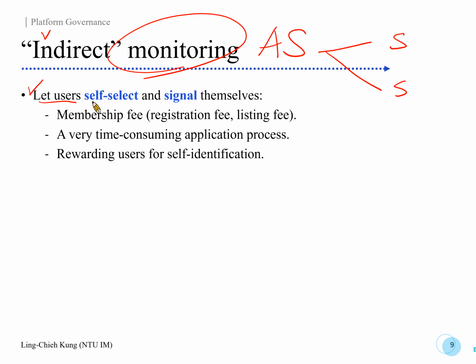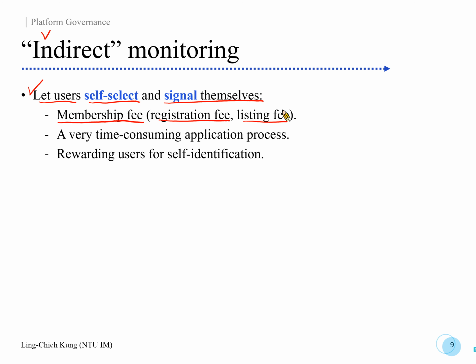First, you impose some kind of membership fee, registration fee, or listing fee for joining a platform. You are not really trying to use these fees to generate money. If you really want to generate money, typically a transaction fee or revenue sharing is a better idea.